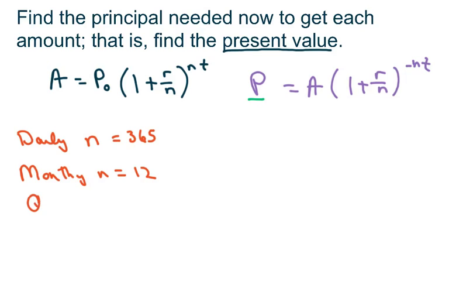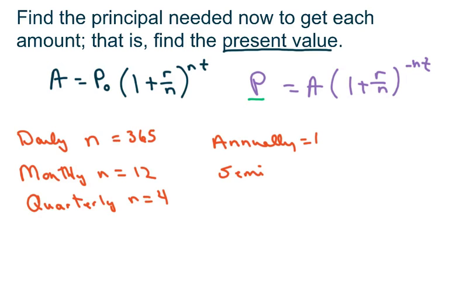And quarterly, N would be 4 because there's 4 quarters in a year. Annually equals 1 because there's only one time a year. And semi-annually would be 2 because that's twice a year.